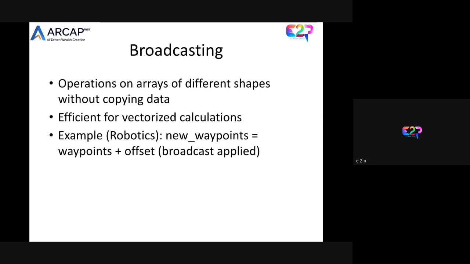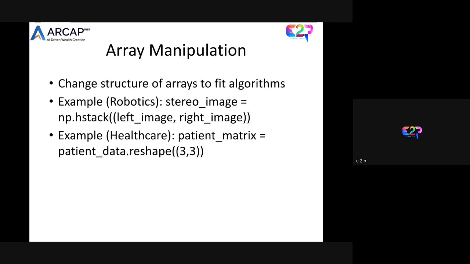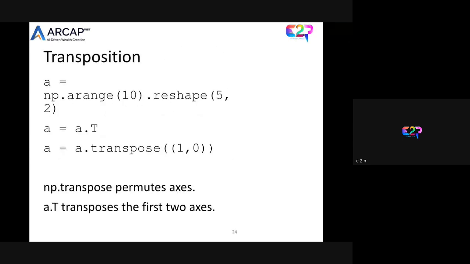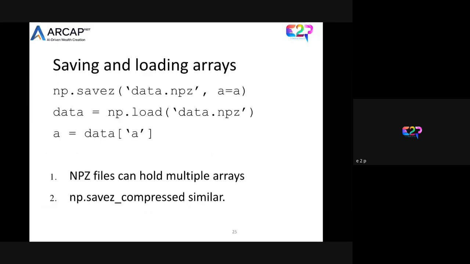Okay, so we talked about array manipulation: we can change the structure of arrays to fit the algorithm. Another one is broadcasting and transposition. We can transpose an array. If you know matrices and matrix operations, you know the use of transposition. Then another important topic is saving and loading arrays.